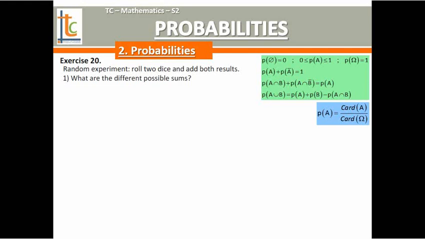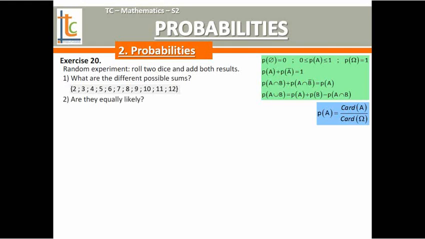Between 2 and 12 you can reach every integer. For example, you can have a total of 9 with a 5 and a 4. So the set of the different possible sums is 2, 3, 4, 5, and so on until 12.